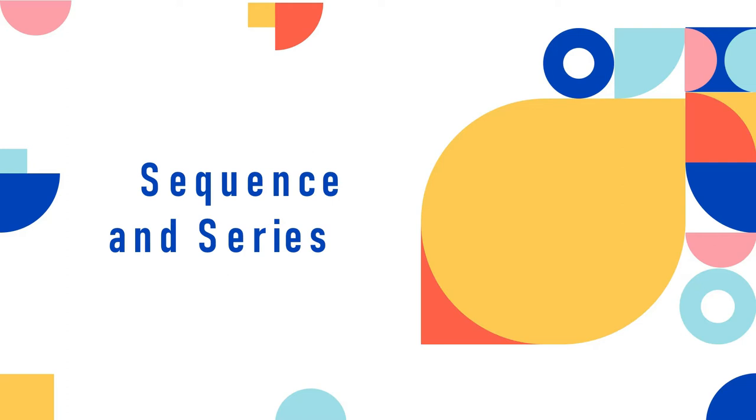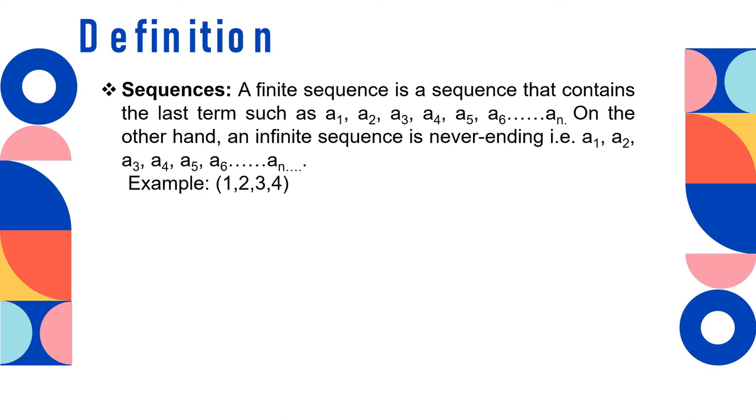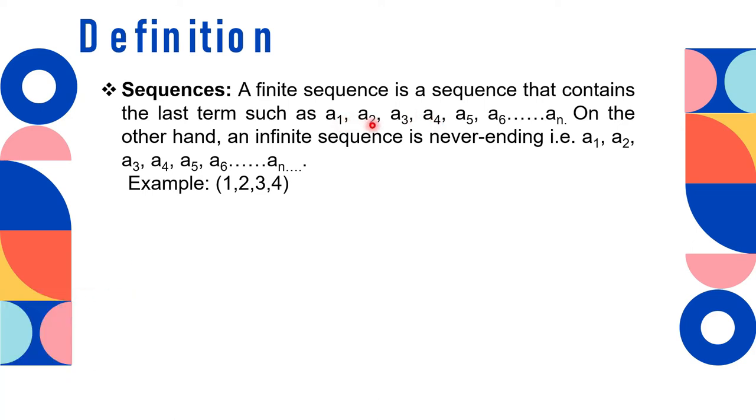Okay, now we are studying sequences and series. First is the definition of a sequence. A finite sequence is a sequence that contains a last term, such as A1, A2, A3, A4, A5, A6, continuing up to An.